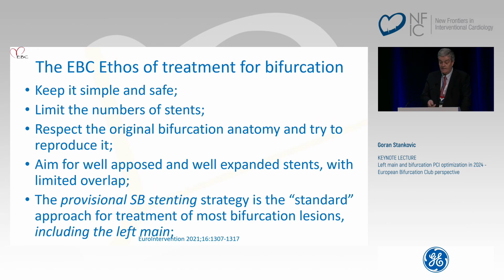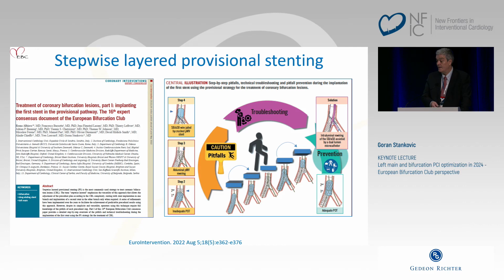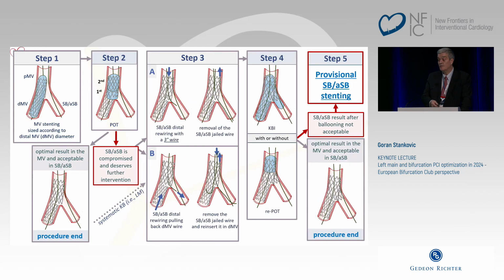Few general slides just to mention that for more than 10 years, the European Bifurcation Club has been promoting provisional side branch stenting as the default approach, including the left main, and we try to describe the steps of provisional as we see it, as a progression of steps in the latest consensus on stenting techniques.